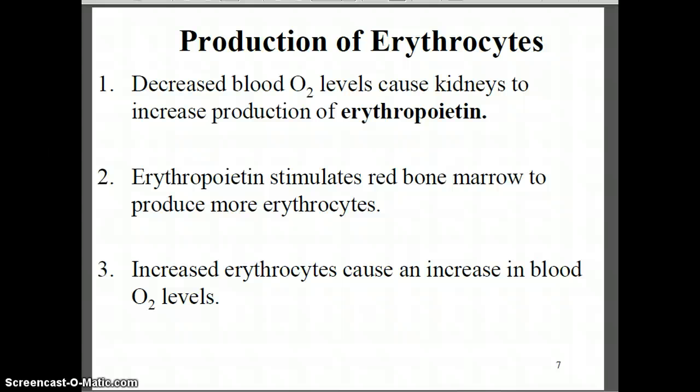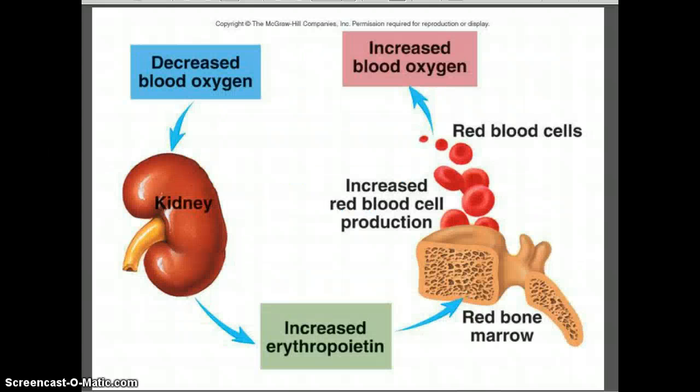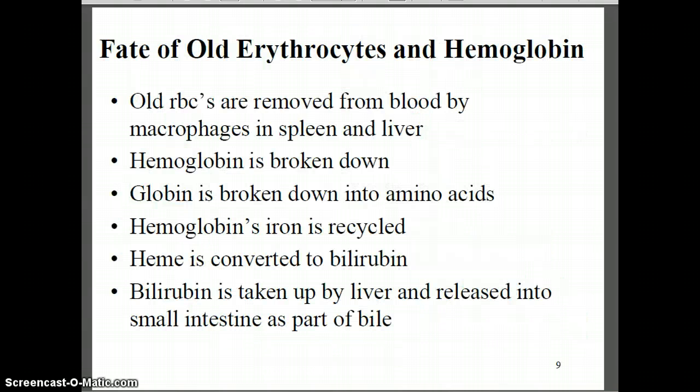When O2 levels fall, more erythropoietin, more erythrocytes, more oxygen transported in the tissues, oxygen levels go up, erythropoietin goes down, negative feedback. And here is a diagram showing you decreased blood oxygen is recognized by the kidneys. They produce erythropoietin, which stimulates the stem cells in the red bone marrow to produce mature erythrocytes that increase blood oxygen, and the negative feedback occurs.